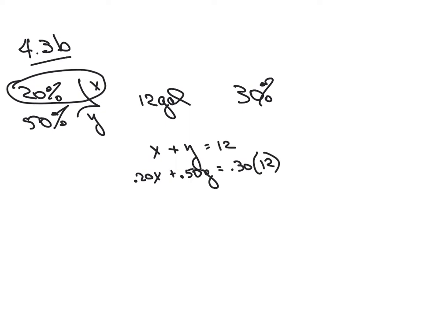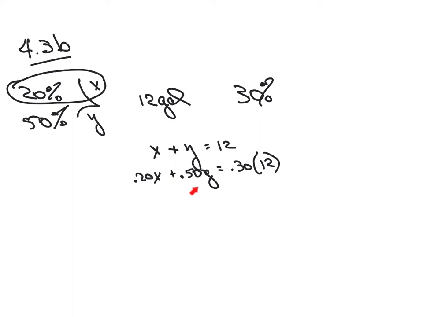So the difference between these two and this one is this one we know how many gallons we have. This one we don't know yet. We just know that 20% of this amount plus 50% of this amount is going to give me 30% of this amount, which is 12 gallons.